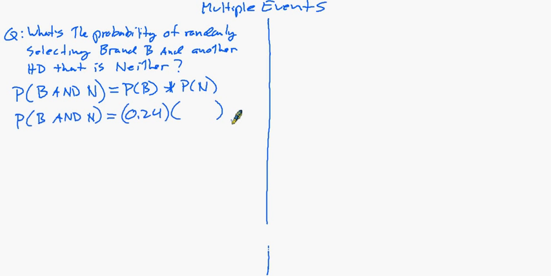All right, this is and, so we're talking about multiplication rule. We can start filling in the numbers, but then we have to stop and say, well, yes, the first selection of brand B, we know that percentage is 24, but numbers can change because it's dependent. Let's figure out what this probability needs to be. And what we can do is use our tree diagram.